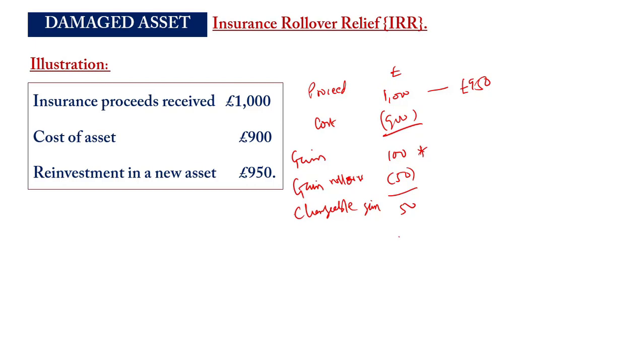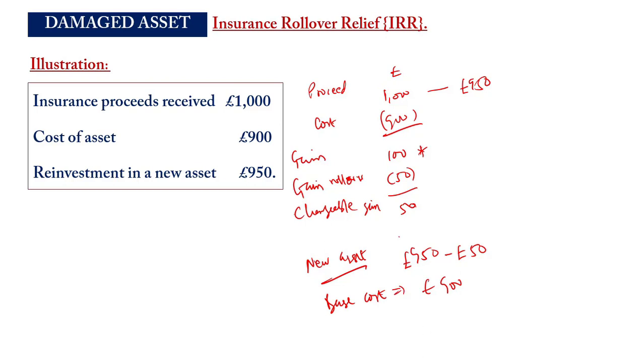So instead of taxing the 100, we are only going to tax 50 now and defer the taxing of the other 50 to a point where the reinvestment asset is sold off. The new asset costs £950. We now less the gain rollover of £50 from it, so it's going to be £900 as the cost. That's what we term the base cost.